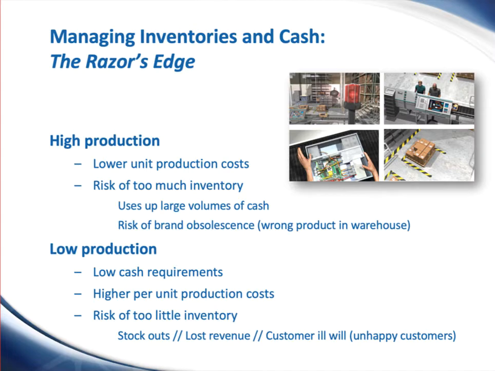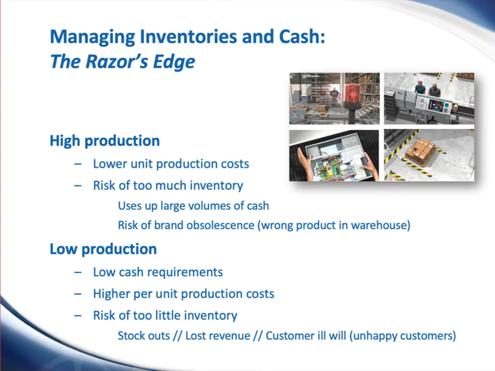In production, in your operation of production, we have another conundrum to deal with. It is inventory versus cash. If you have really large production runs, that lowers your unit cost of production. However, large production runs might mean that you have too much inventory.